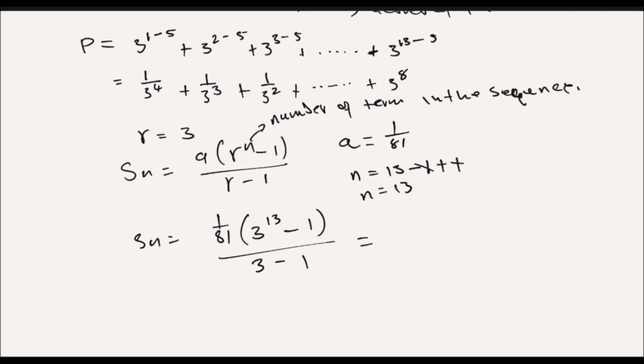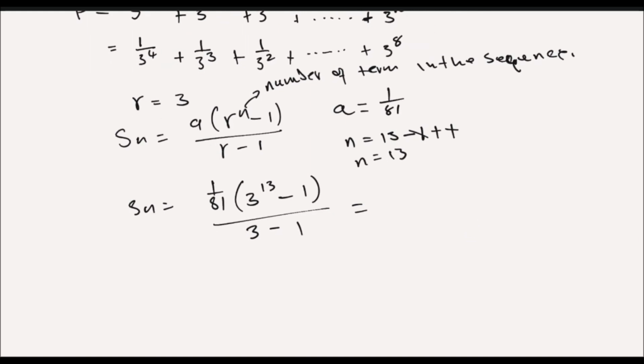All right, let's use a calculator for this one. Let's plug in the values, right? So we get 1 over 81 times 3 to the power 13 minus 1, all over 3 minus 1.